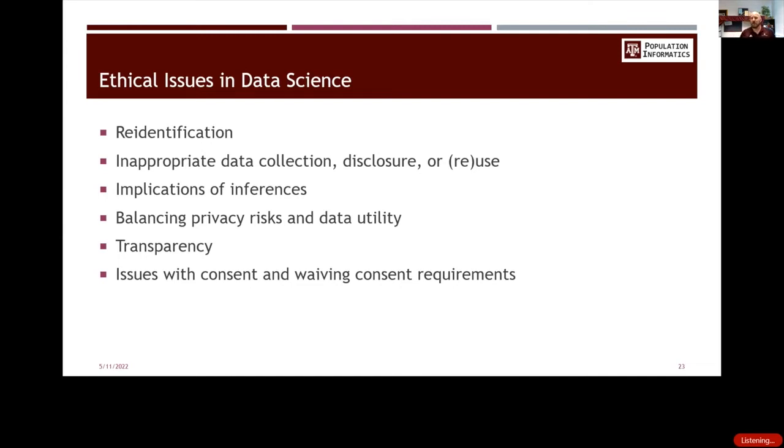Another issue that's becoming increasingly important is the implications of the inferences that can be made from data. If I'm sharing, say, my social media data with a researcher, there are pictures, there are likes, there are dislikes that might come as part of that data.